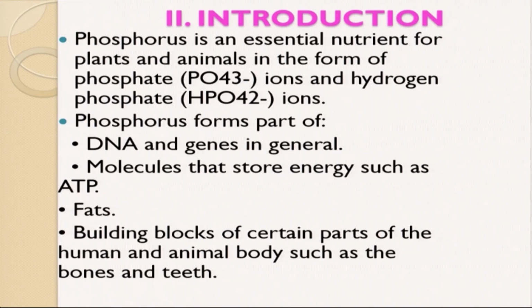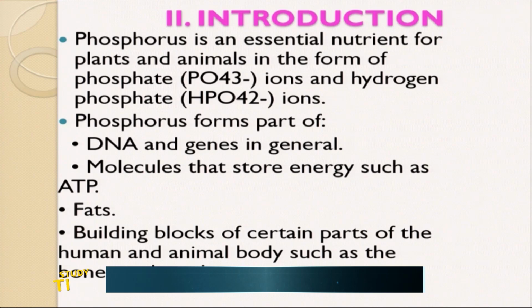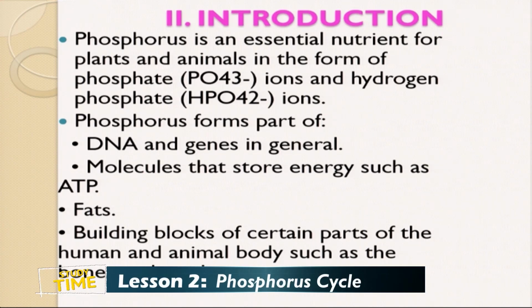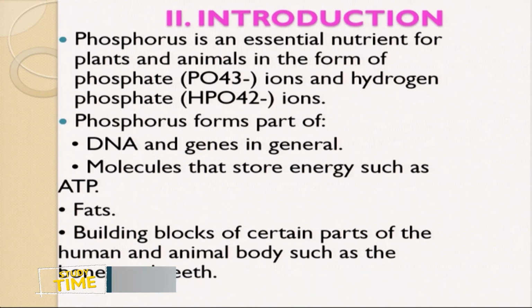So we have phosphate, and we said phosphate is very essential for both plant growth and animals because it makes the structure of the DNA, the structure of RNA, as well as the cell membrane, and is also responsible for energy production.